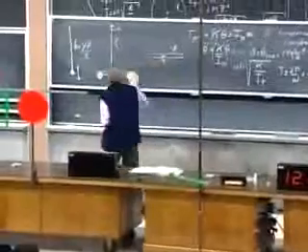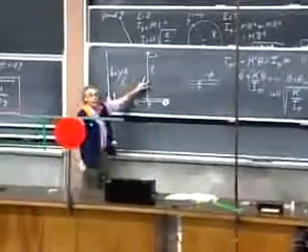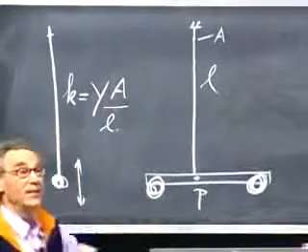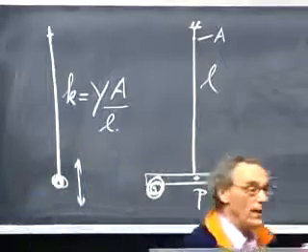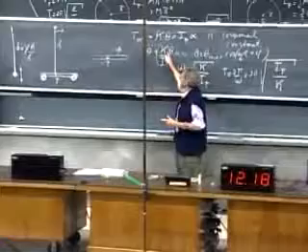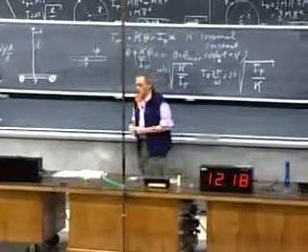Well, there is something very similar here. But I don't want to go into the details of exactly how you derive kappa. It's a little bit more complicated. But indeed, the same is true: if you make the wire thicker, then kappa will go up. And if you make the wire longer, kappa will go down. That's immediately obvious.